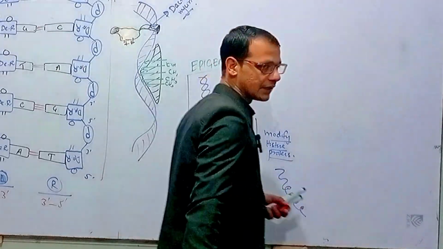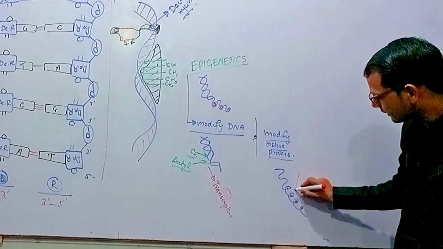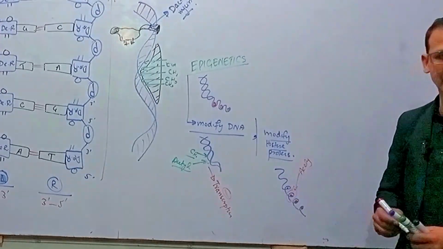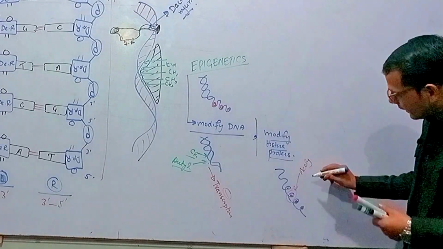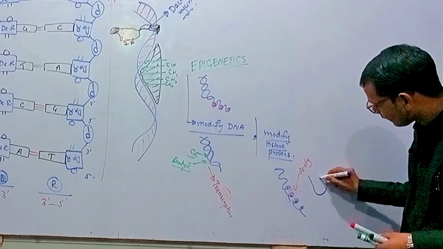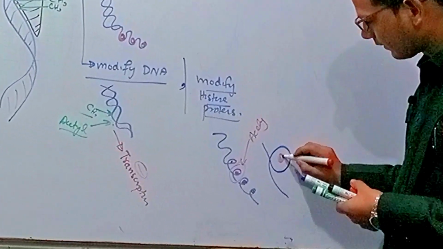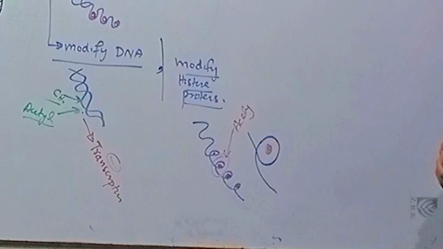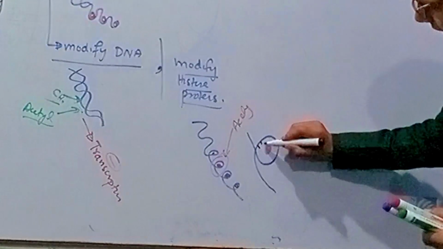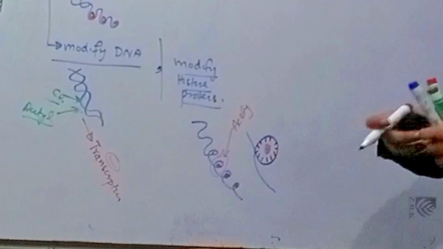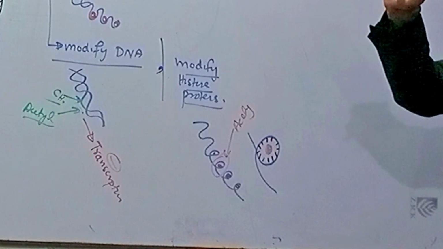If we add an acetyl group to this point, the DNA will loosen like this, and now these genes can do gene expression because they are in loose form, right?